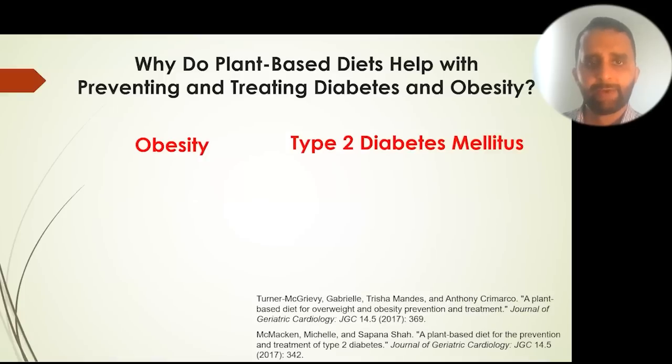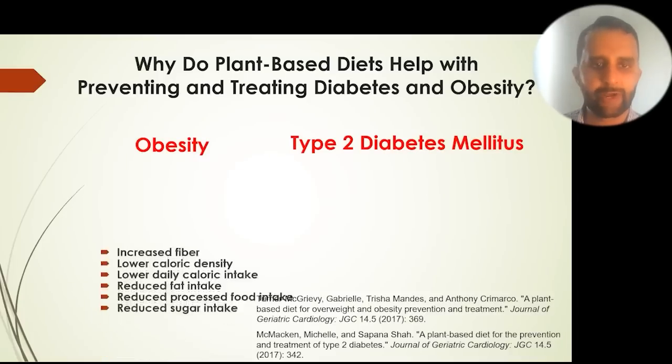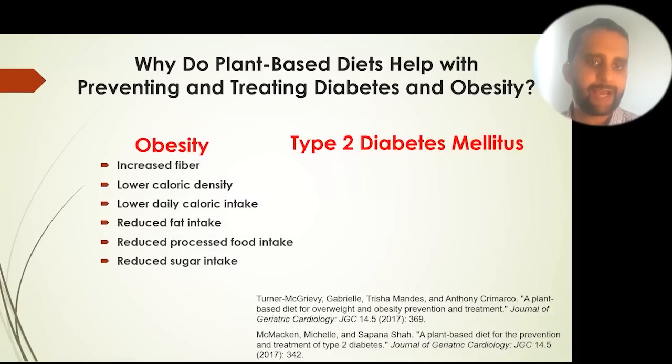So how can plant-based diets help with preventing and treating diabetes and obesity? I have only one slide on this because the rest of the talk is on kidney disease, and there are other speakers and presentations on this topic. But to briefly summarize, plant-based diets have a lot of fiber that can help with reducing weight gain. They also are low in caloric density. They help reduce caloric intake.